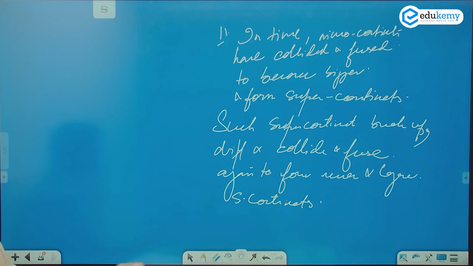Such supercontinents break up, they drift, they collide and fuse again to form newer and larger supercontinents.